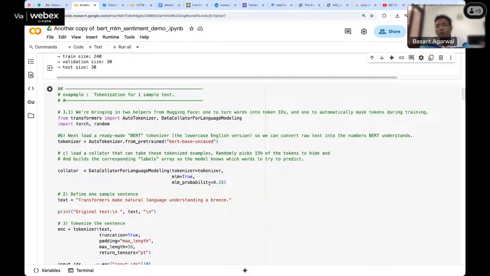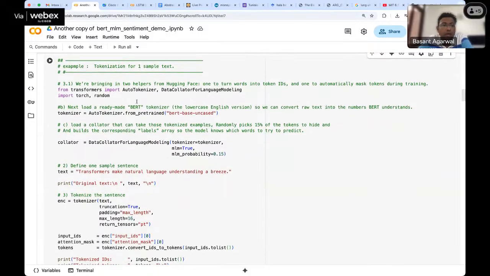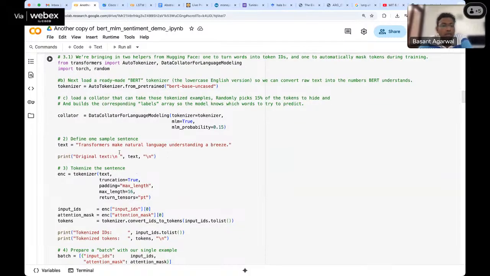Okay, and then the model will have to predict the masked words, and based on that input and output pair, the BERT model will learn. Now I'm trying to show you how this tokenizer is working on a sample sentence, which is: transformers make natural language understanding a breeze. And then I just print it here.